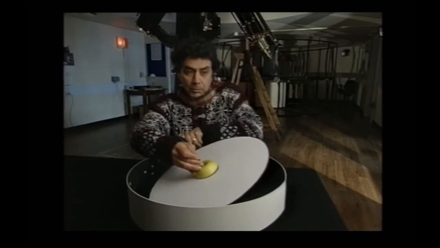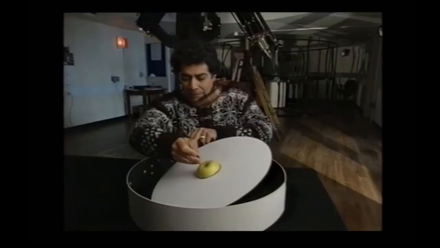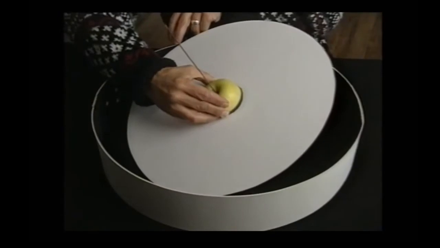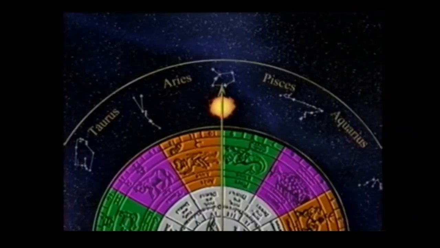So the meeting point between the equator and the path of the Sun was here in Aries. And the equinox, the point where both planes meet, is changing over a long time. Because of this change, the precession, the meeting point between the Sun and the celestial equator is slowly moving.